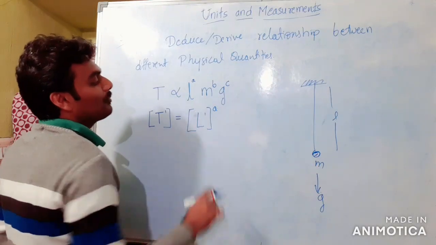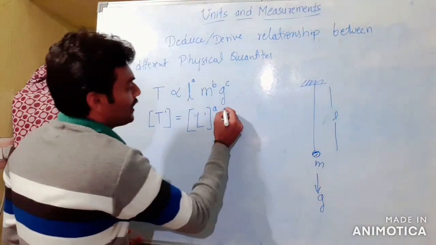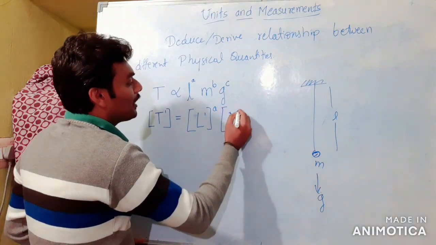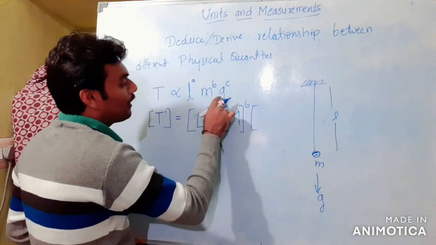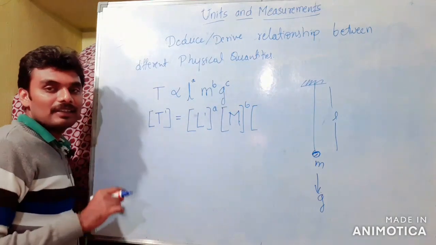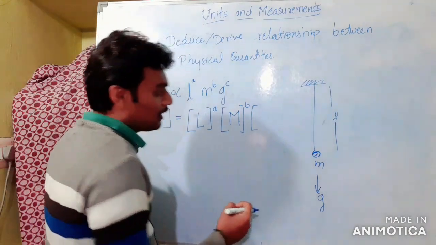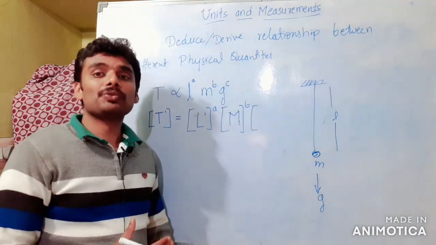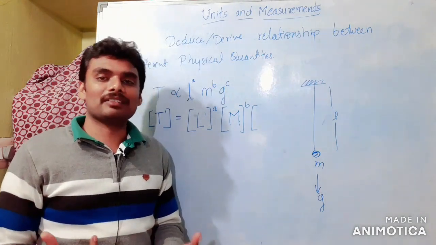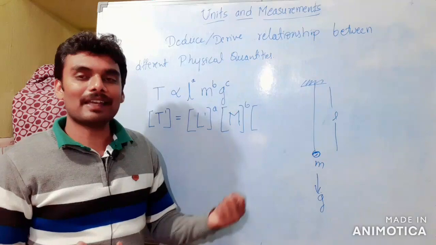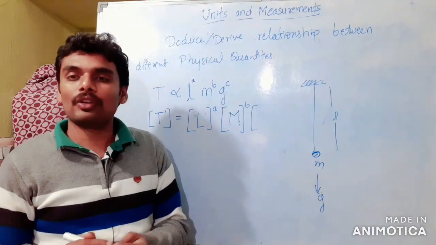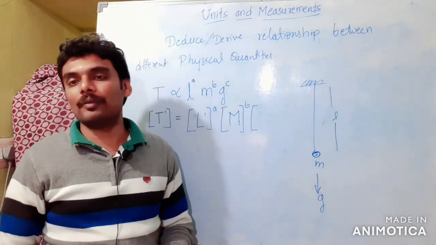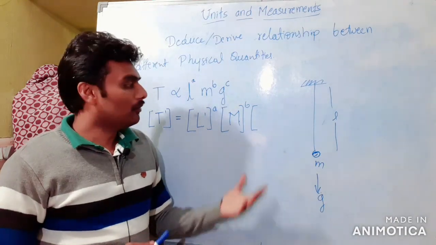What is M? M is the mass of the bob, mass, very simple. So it is capital M raised to b, and we have g. What is g? g is acceleration due to gravity. Finally, it's acceleration, nothing else. We don't bother whether the acceleration is due to gravity or due to centripetal phenomena.